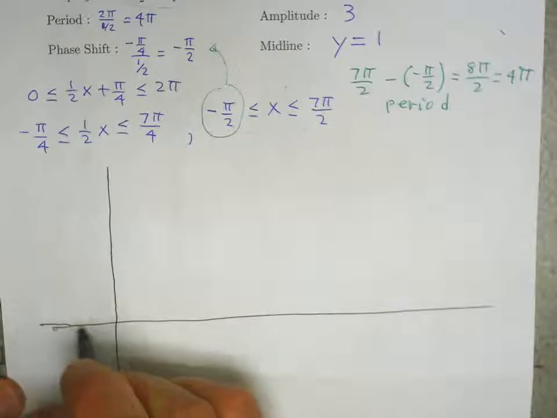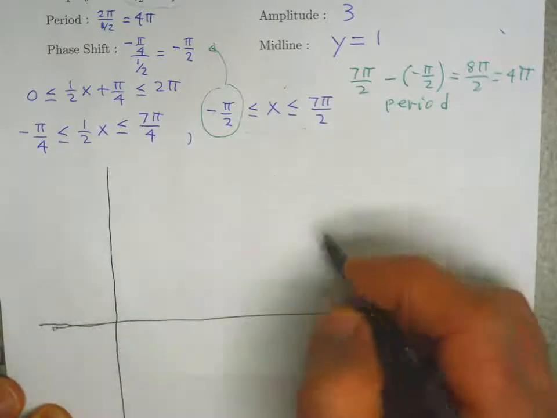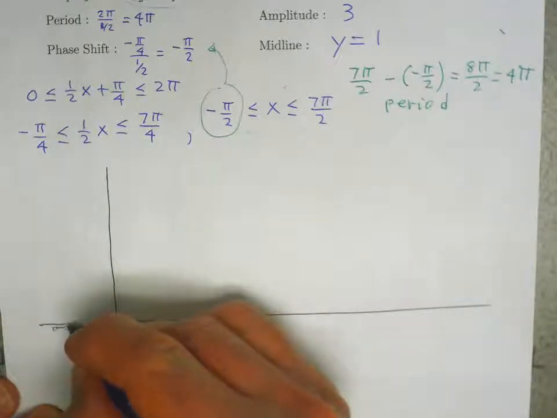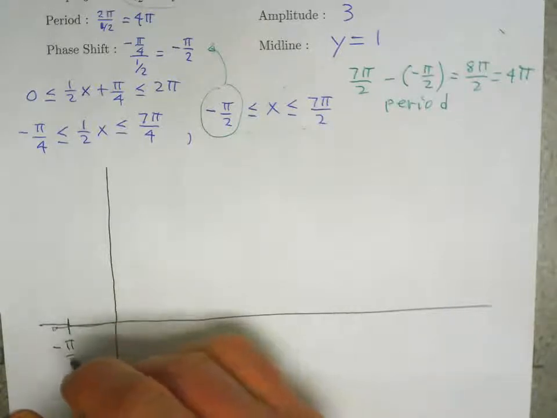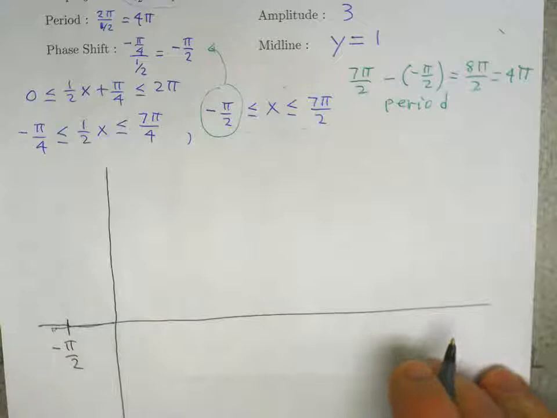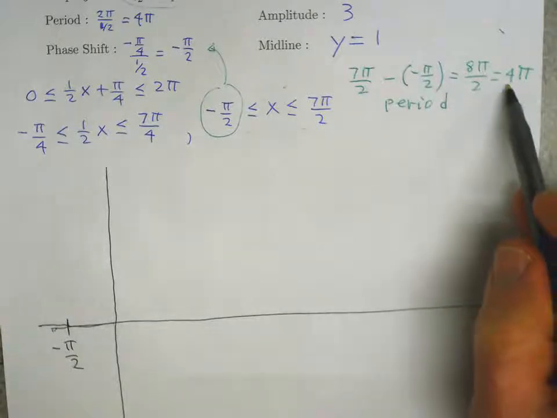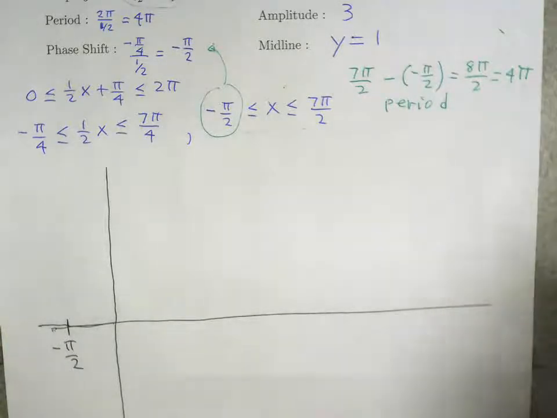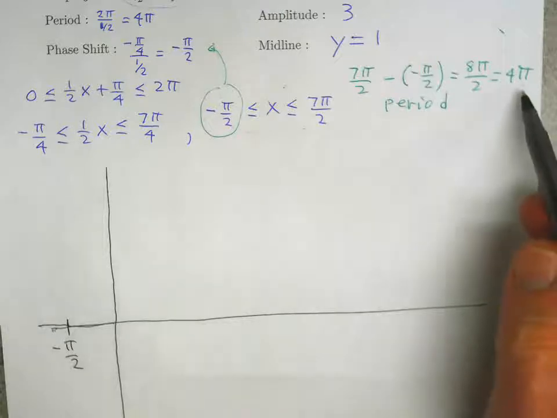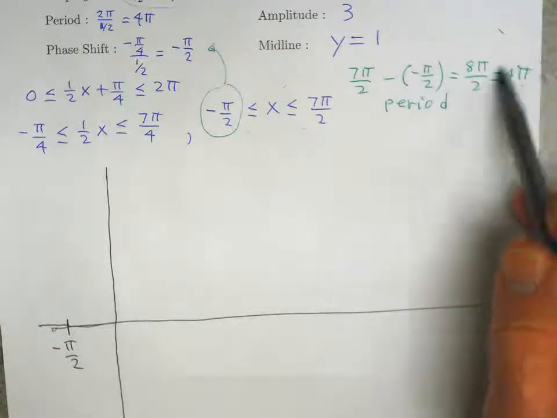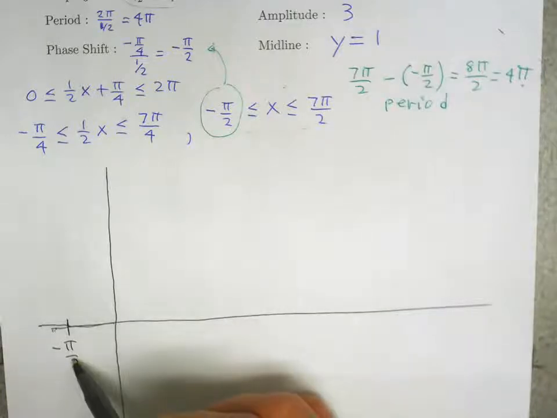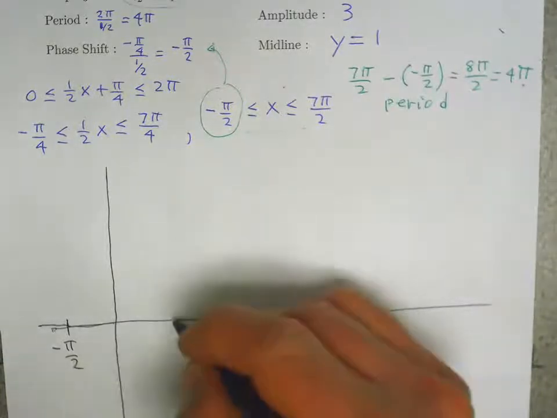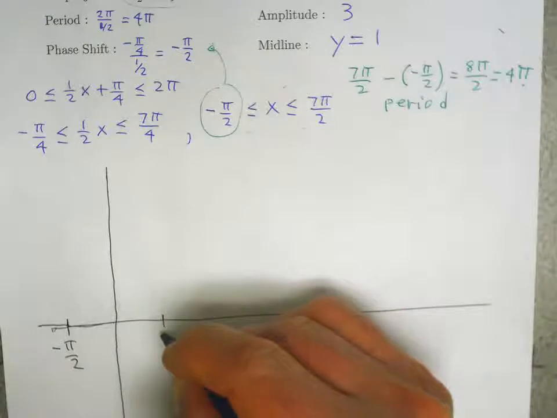Okay, so we're starting at negative pi over 2. I'll put that right here. Since the period is 4 pi, the length of each subinterval is pi, if I divide that into 4 parts. So if I add pi to negative pi over 2, I'm at pi over 2.